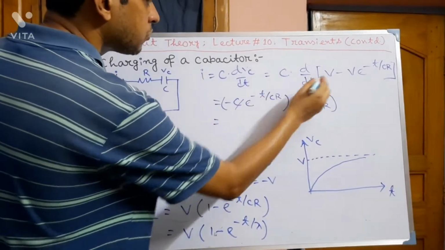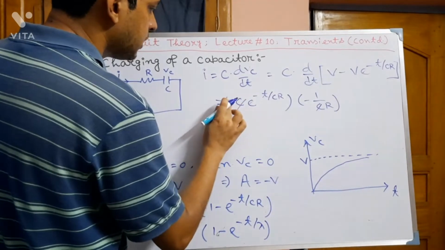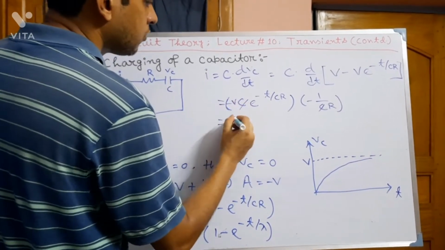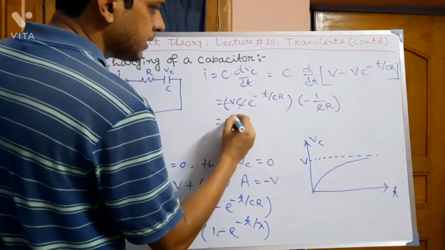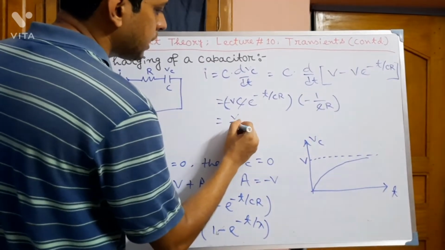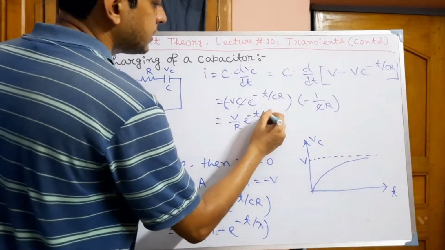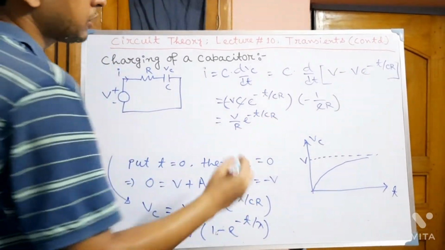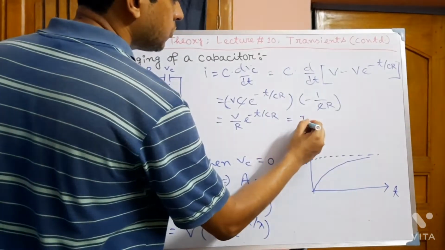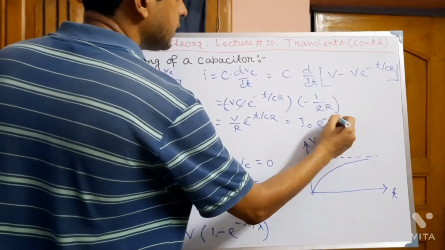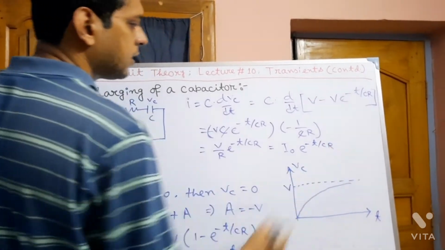So V comes here, minus V into this one. The result is V by R e to the power minus t by CR. Let us call V by R as I0, so I equals I0 e to the power minus t by CR.